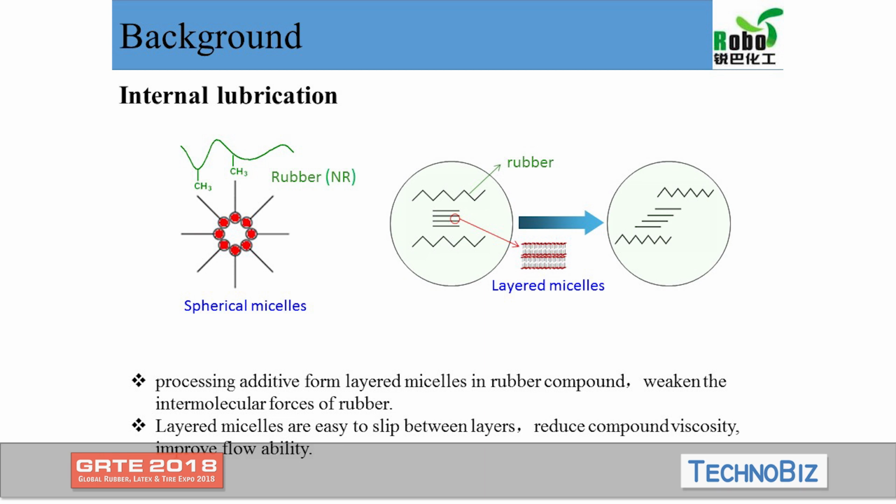First, I want to introduce the function of processing additive. As we know, the structure of processing additives is amphiphilic, with a hydrocarbon end that is highly oil soluble and ionic polar ones.